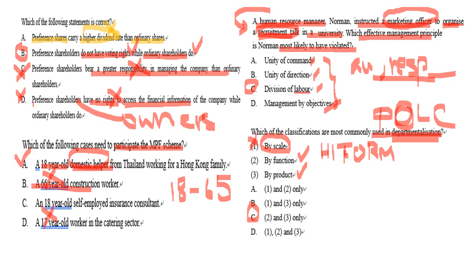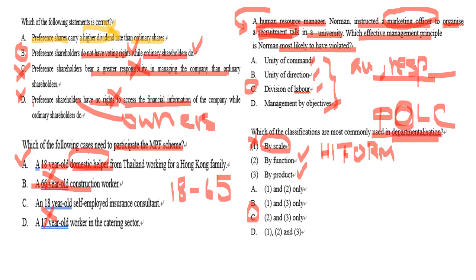Of course not, because the human resources manager has the responsibility to organize the recruitment talk instead of the marketing officer, right? So this violates what we call division of labor, because we should ask the human resources manager to organize this talk instead of the marketing officer, right? This is not the job of the marketing officer.